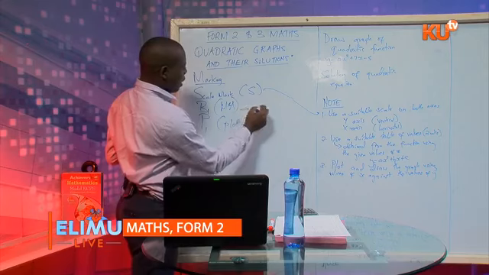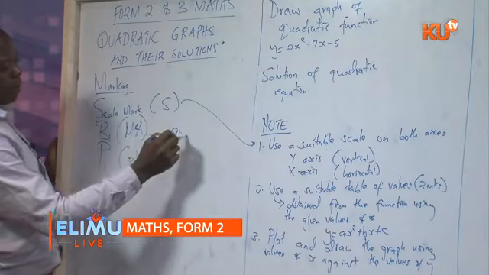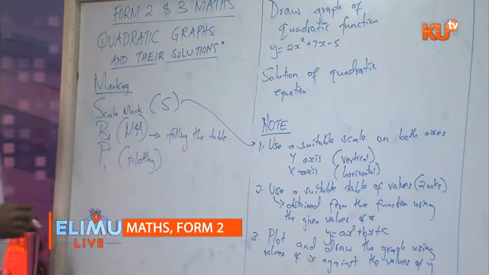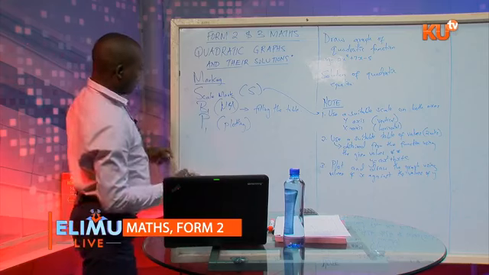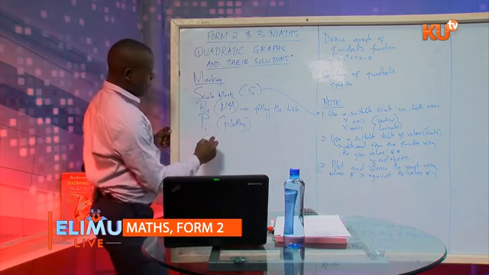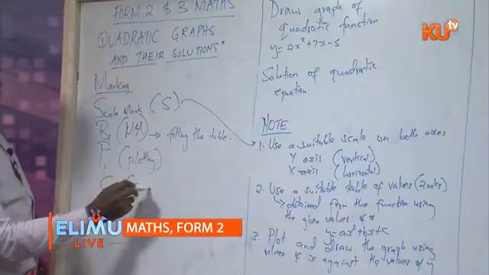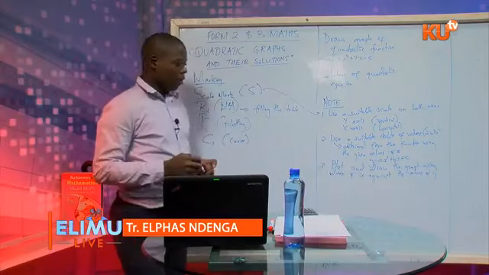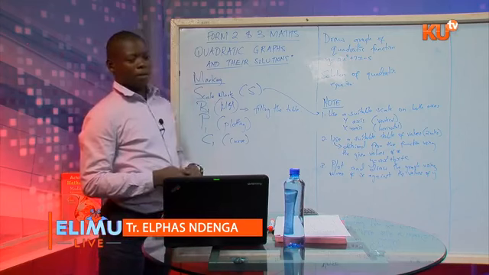Again, this one can be given in the case where you are filling the table. By filling the table, we will award the B mark. And then we have the C mark, which is for the curve. When you're drawing the curve, we will give you the C mark.